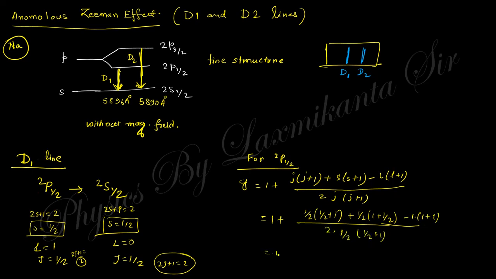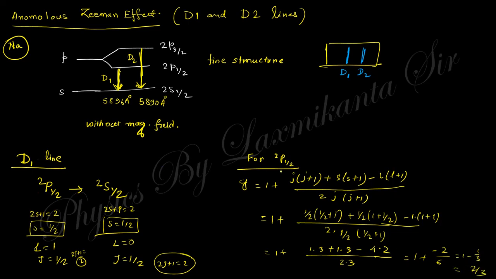If you multiply by 4, you get 3 plus 3, minus 4 into 2, and the denominator multiplied by 4, the 2 cancels out, so you get 2 into 3. So if you calculate these, you get 3 plus 3 minus 8 over 6, that is 1 minus 1/3, that is 2/3.